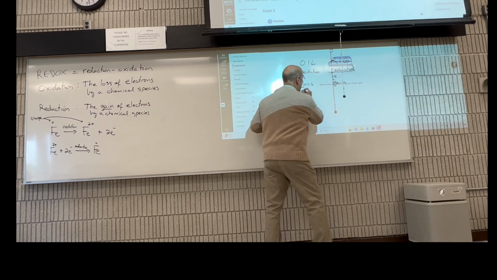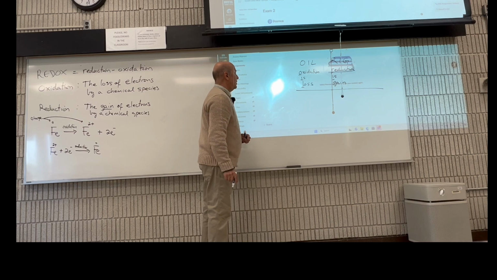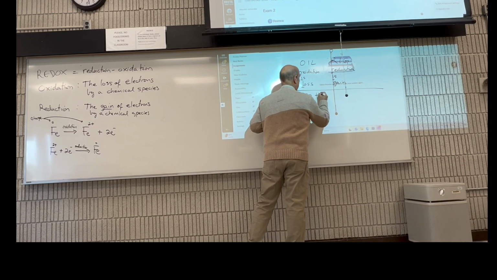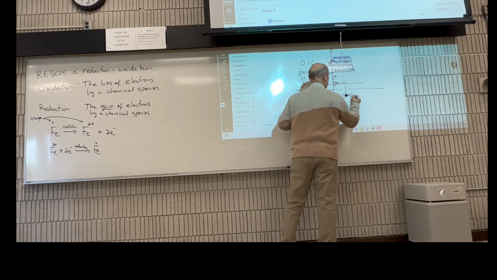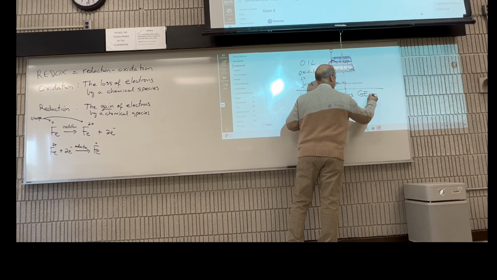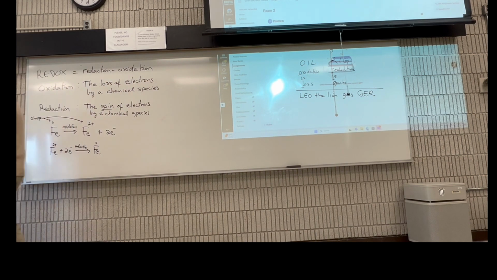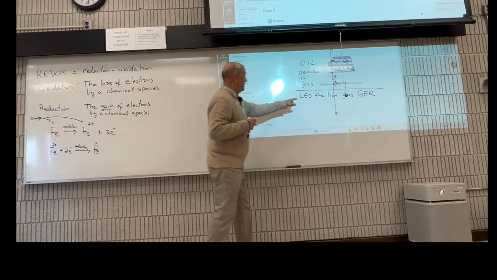Now, the second one that I can give you, I remember it a little bit better, is Leo the lion goes grr. Maybe this is more for elementary school. I don't know. Leo the lion goes grr. Sounds silly, but it helps me, believe it or not, remember.